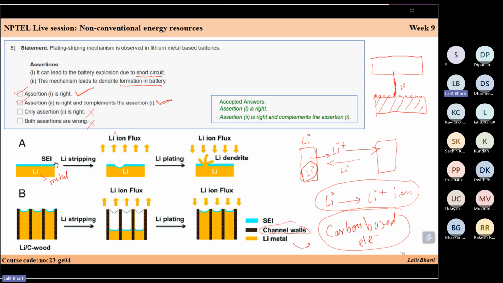So what will happen when your lithium goes from anode to cathode, basically in the form of lithium ions? It will move apart from this lithium foil through the electrolyte. That is called stripping.